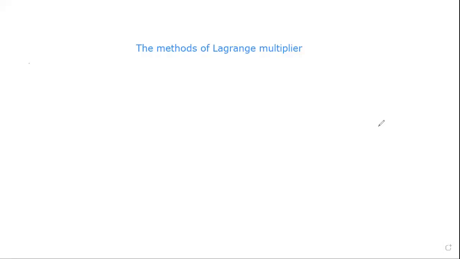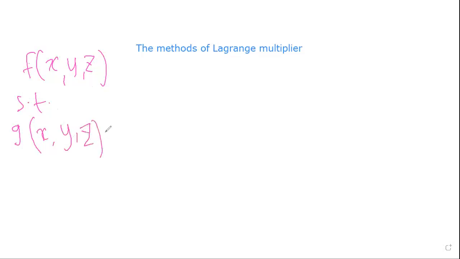Lagrange multiplier, or the Lagrange method, is used for maximizing or minimizing a general function of the form f(x, y, z), subject to the constraint of the form g(x, y, z) equal to k, a constant.